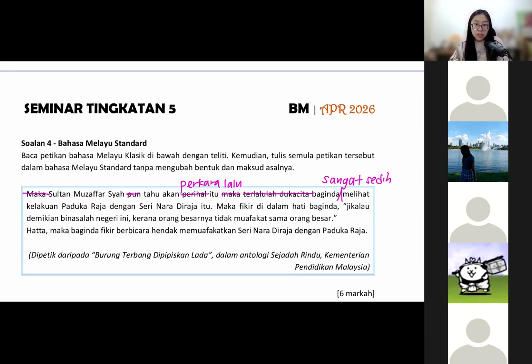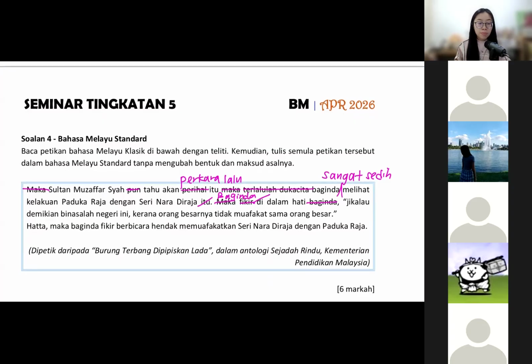Melihat kelakuan, to see the habits, the patterns of paduka raja. Dengan seri nara di raja itu, cancel itu, cancel marker. So, baginda put in front here. Baginda. Okay. Fikir, add on imbuhan, become he is thinking.